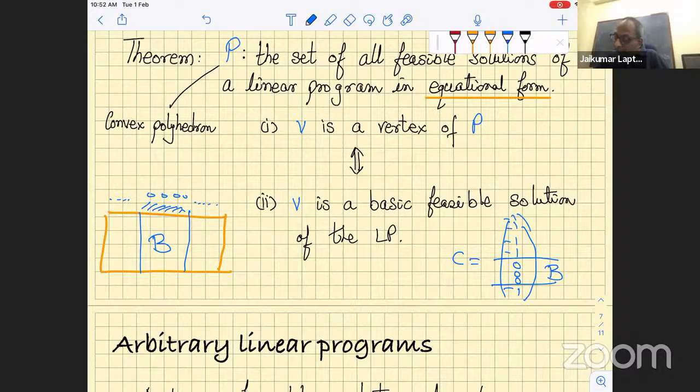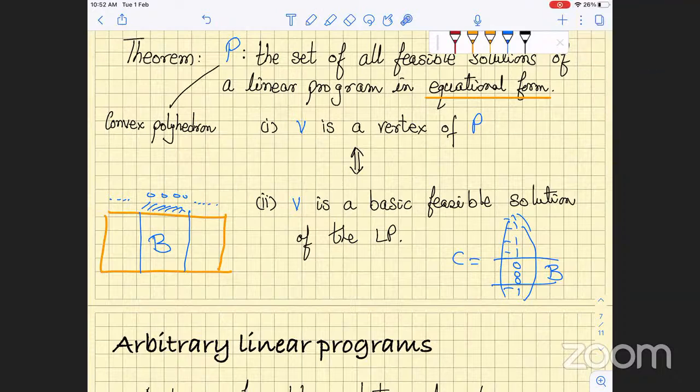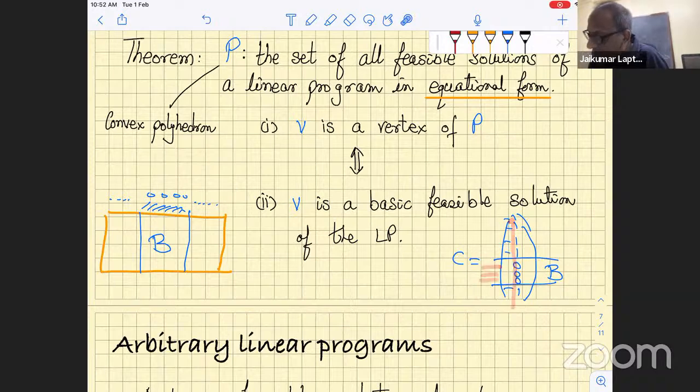What is the value that V provides for this objective function? Well, if you take the dot product of V with this vector, V's non-zero coordinates are all in this part. So V is going to give the objective value 0. Now, if any other vector gives objective value 0, then it must have zeros in these coordinates.